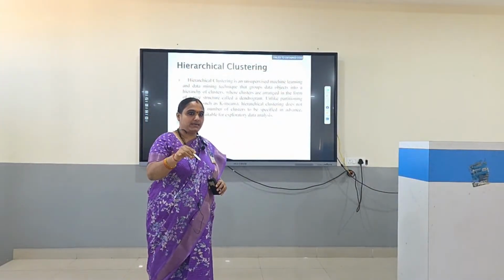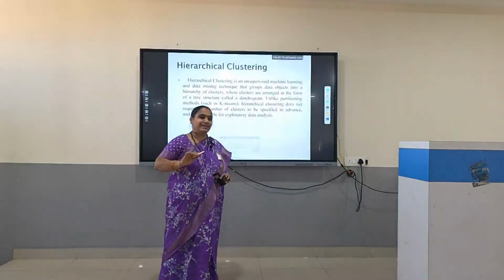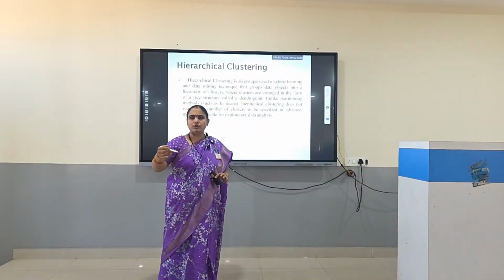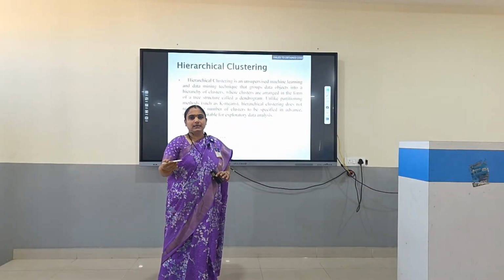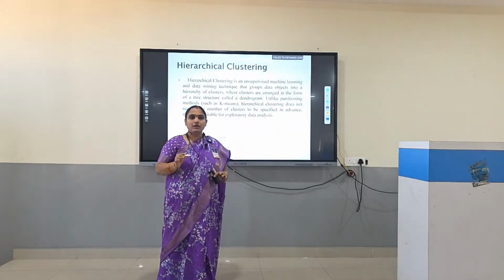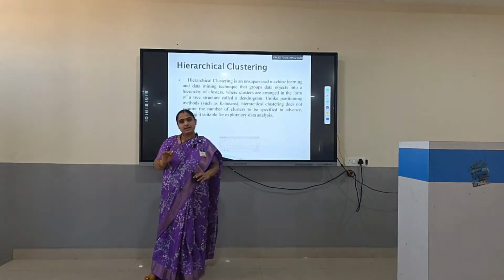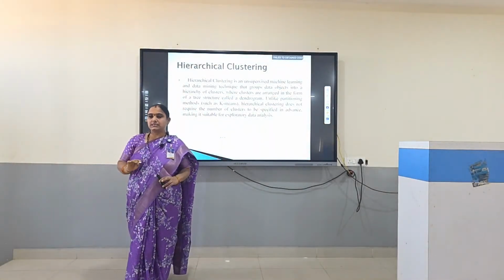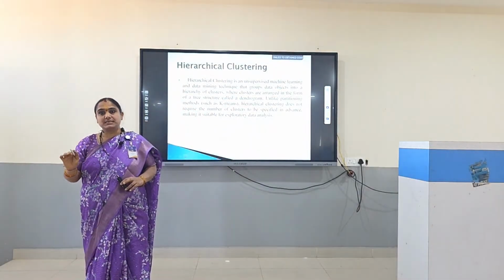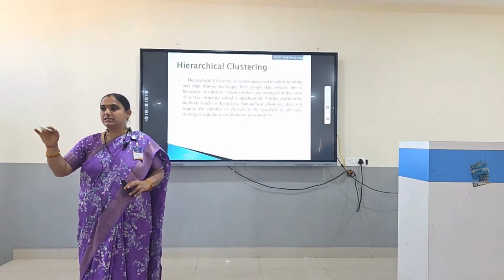That is the main reason why we are going to this particular hierarchical clustering. So many advantages and disadvantages are there. In partitioning clustering, beforehand you need to specify how many clusters you need to divide.